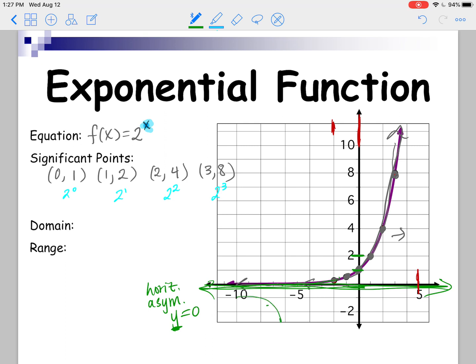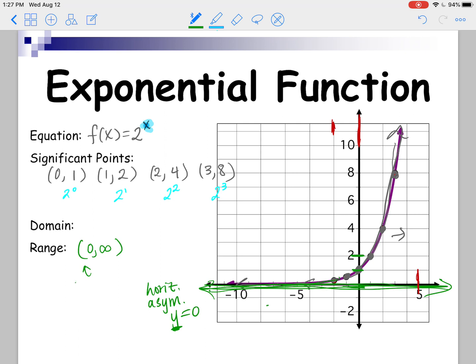On the previous slide, it did have a branch below 0. So this function has a range that is just 0 to infinity. Since we never actually reach the 0, we're going to use a parenthesis and go from 0 to infinity.